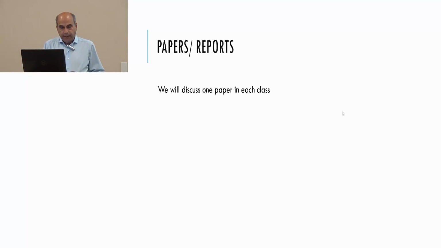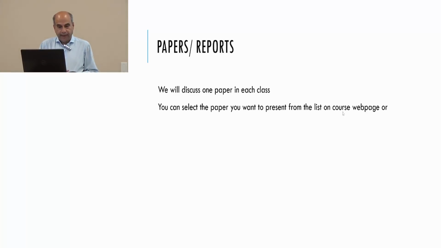We'll discuss one paper in each class, and each student will have to make a presentation. You have to select one paper. We'll see how it goes; each student may have to select 2 papers, and these papers are provided in a list on the course web page.